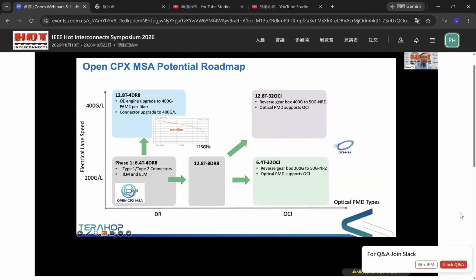One of the low-hanging fruits is to expand from 6.4T to 12.8T with more lanes. Or we can start to support the OCI, as Drew pointed out. OCI is a PMD. Certainly, we are capable of supporting OCI with the proper electronic design to go with it, supporting OCI PMDs.